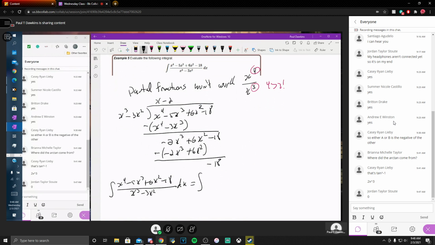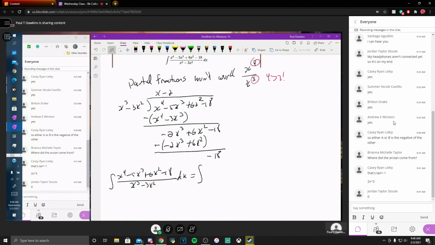Now, do all of our work right for a long division, okay? And this thing here will always end up being the stuff on top, whatever that is, x minus 2 in this case. Okay, there it is. Plus my remainder, so minus 18 divided by that thing sitting right there. Okay. So x cubed minus the 3x squared.